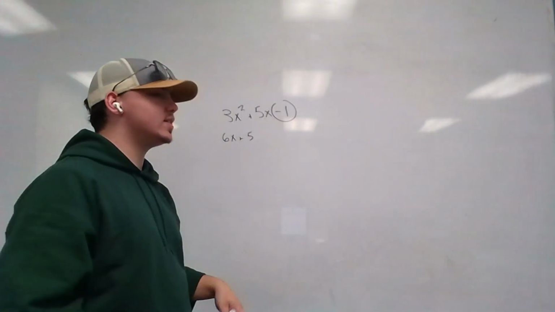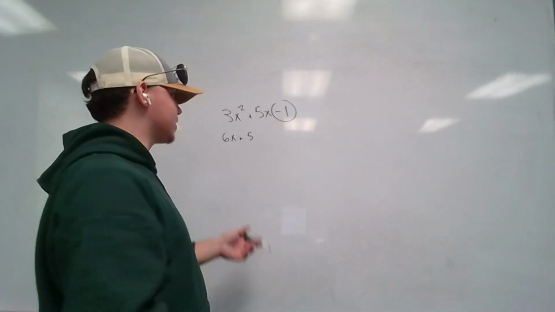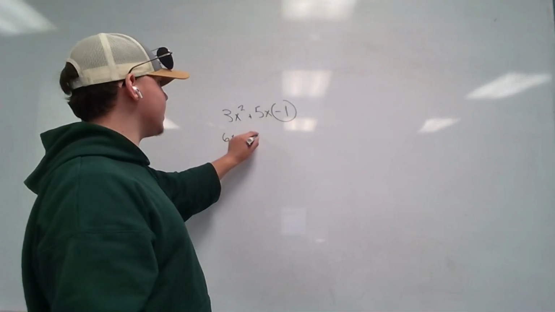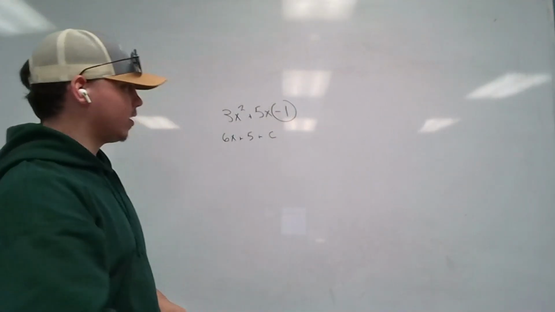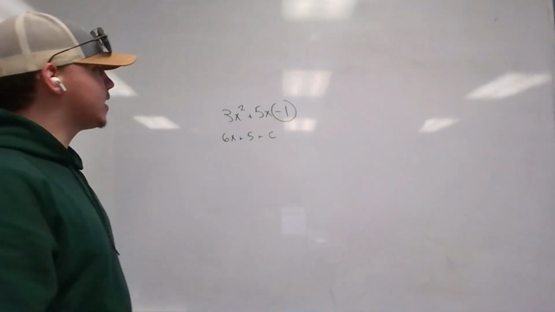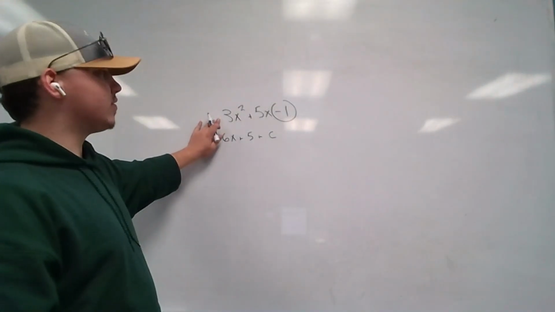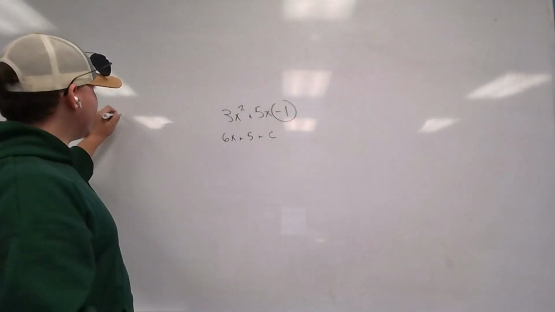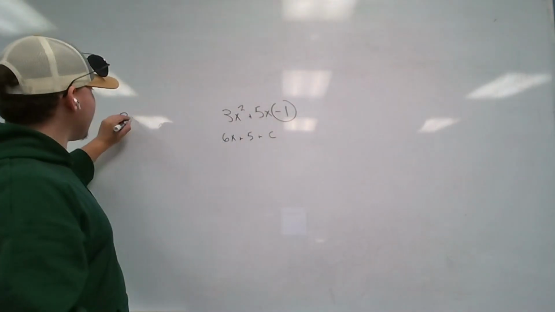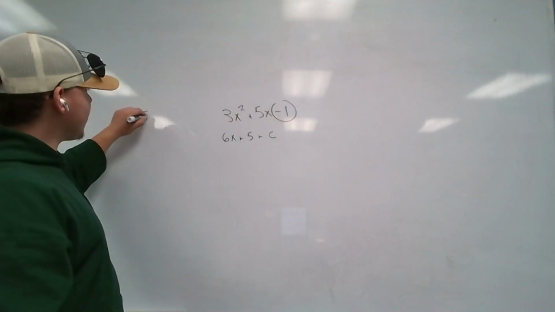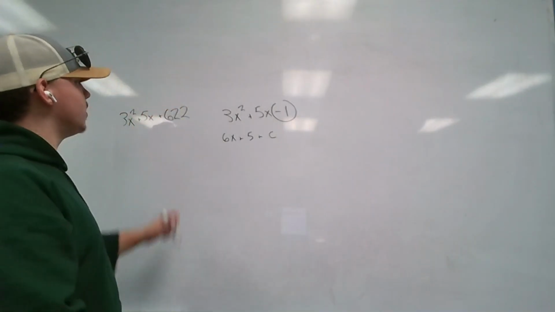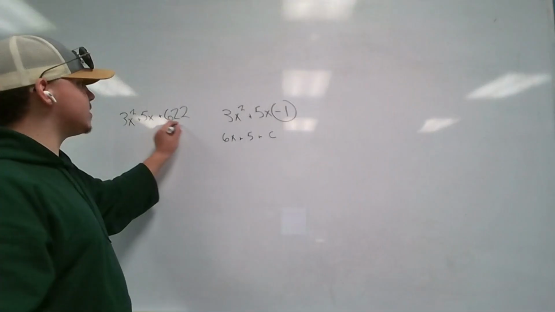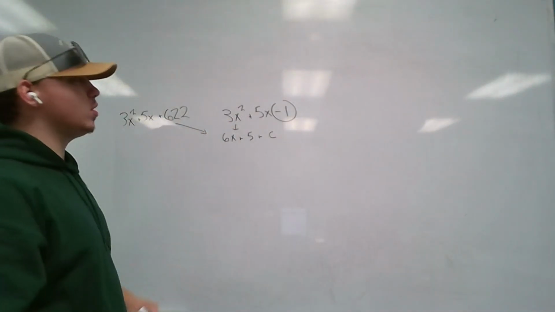So if you wanted to take an antiderivative of something, there is an imaginary number right there that we don't know, because 3x squared plus 5x minus 1 and 3x squared plus 5x plus 622 both have the same derivative.